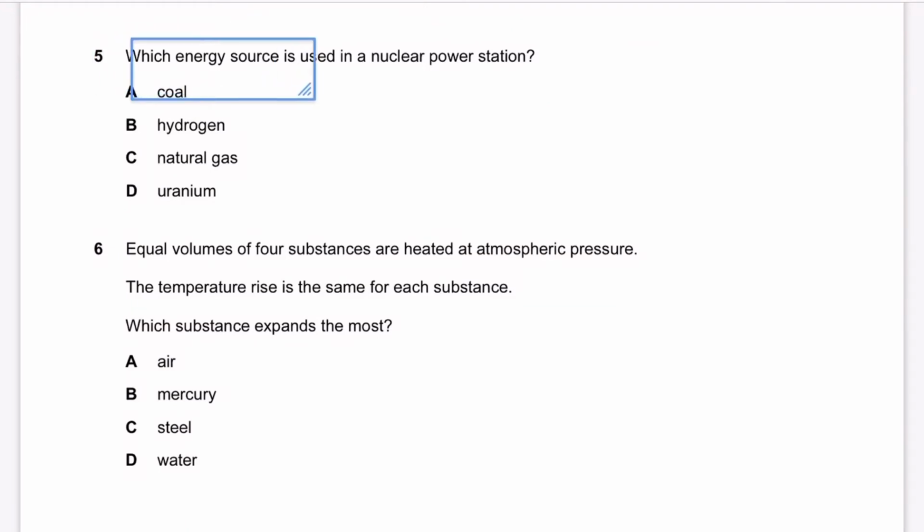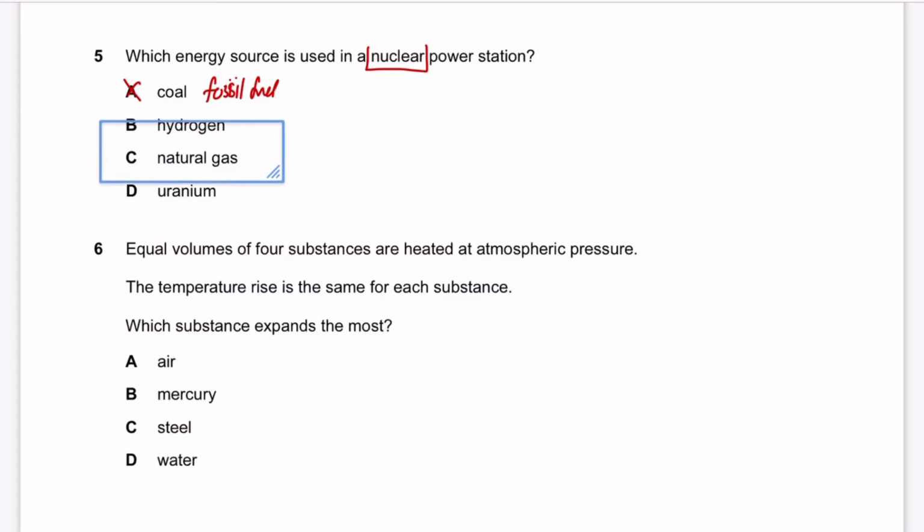Question 5. Which energy source is used in a nuclear power station? Alright, the keyword here is nuclear power station. This is one of the factual questions. So among all of these options A, B, C, D, you can see that option A is a fossil fuel, so automatically A is out.